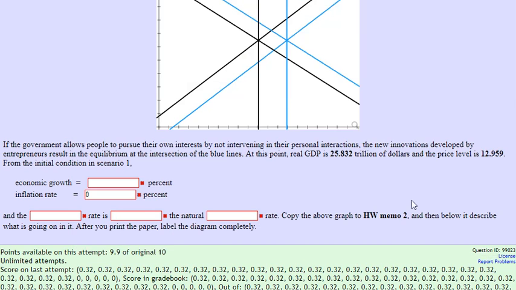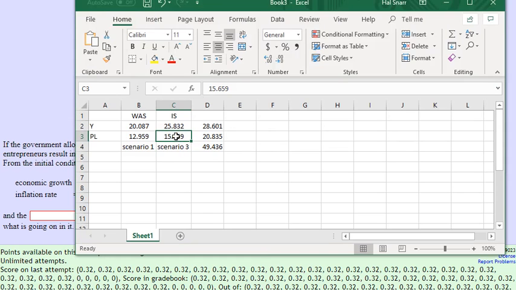And then the price level in this scenario, we'll call it the Austrian scenario. We'll call it scenario A for Austrian.